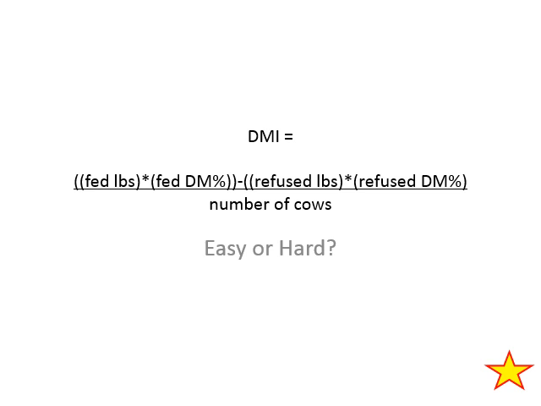So we need to look at these 5 factors and consider which ones are easy and which ones are hard to get a handle on. If we're looking at dry matter intake, we need good scales. If we have those, the fed pounds should be easy. We know what we're delivering to a pen. We also should be able to get a fed dry matter percentage.